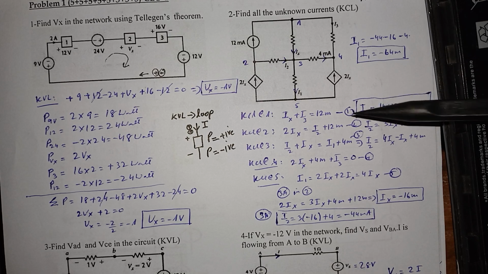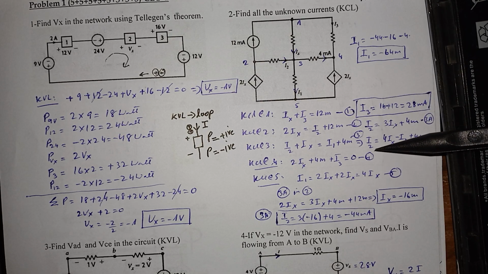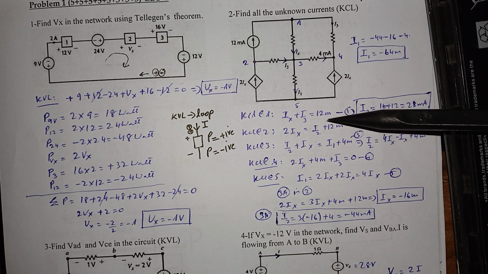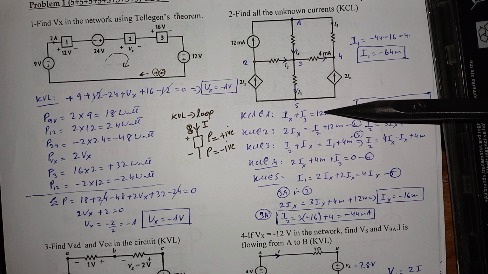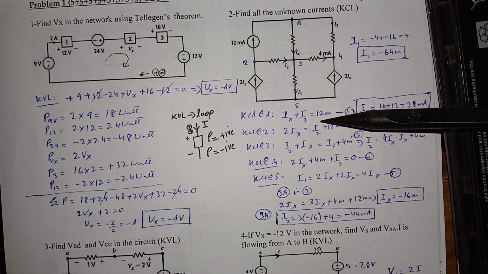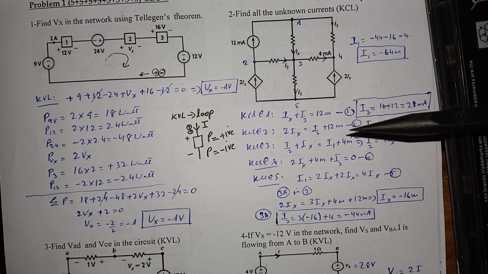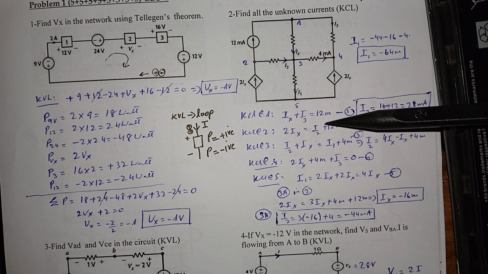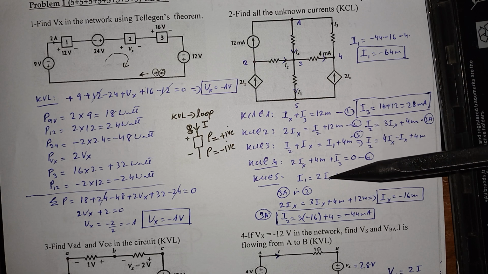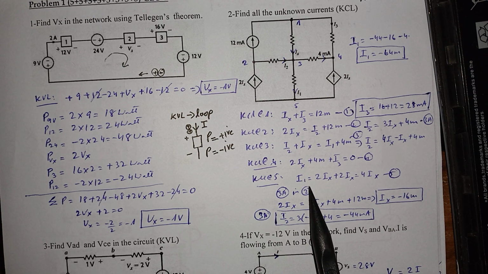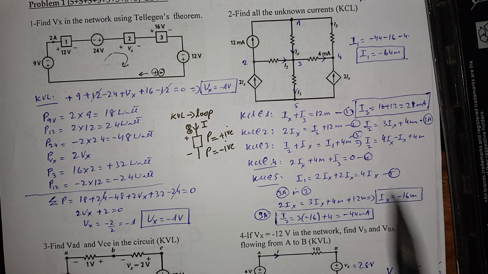So these are the 5 equations, and in none of the equations is there a single unknown. There are always two unknowns, so we cannot solve any of the equations directly. But in the KCL at node 5, I can directly relate I1 with 4Ix.